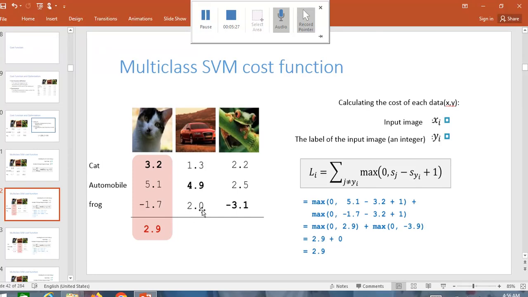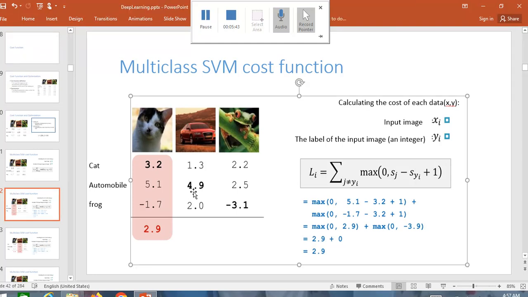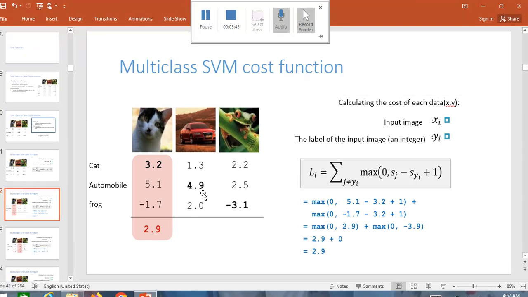The score of the frog class is 2.0. If we add 1 to it, it would be 3, and still this 4.9 is higher than the result of this addition. So there is no mistake here either. 0 plus 0 becomes 0. So we are not wrong about the second data.